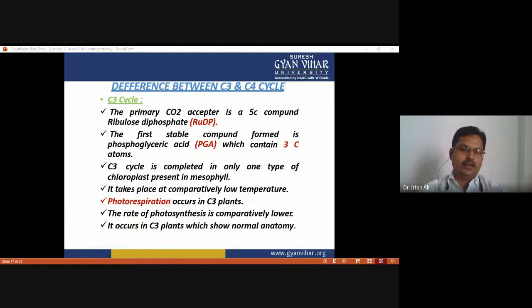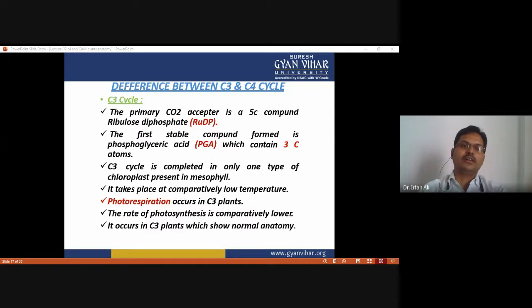So in the C3 plant only one type of cell is present, and only one type of chloroplast, which is the monomorphic condition, while in the C4 plant there is a dimorphic condition, with two types of chloroplast, and it takes place at comparatively low temperature. So this is the comparison between the C3 and C4 cycles.